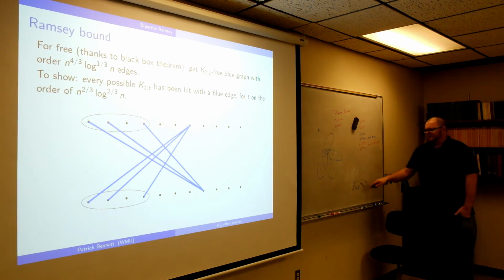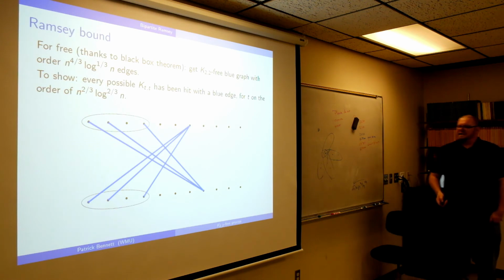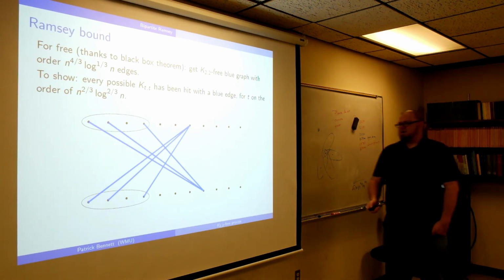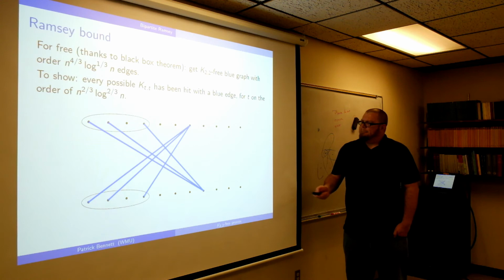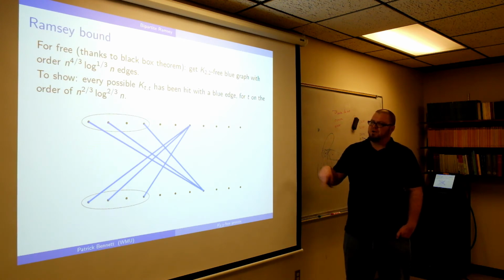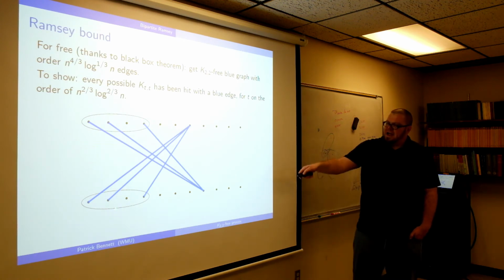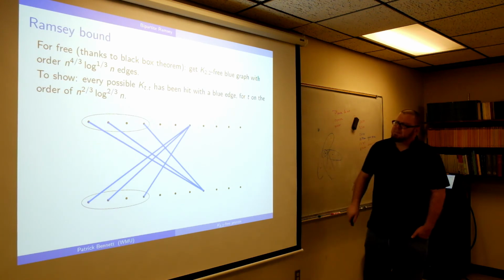So in fact, you could fit many entire neighborhoods into t, and that's dangerous because we're trying to show that we're going to end up with a blue edge going from here to here.